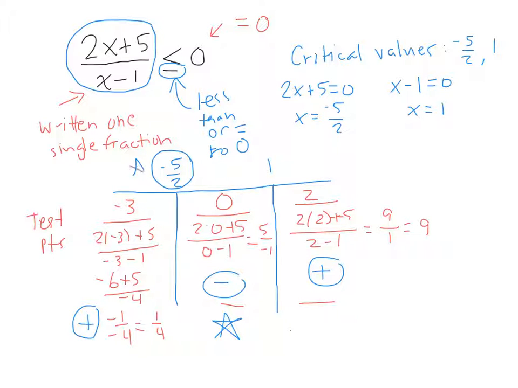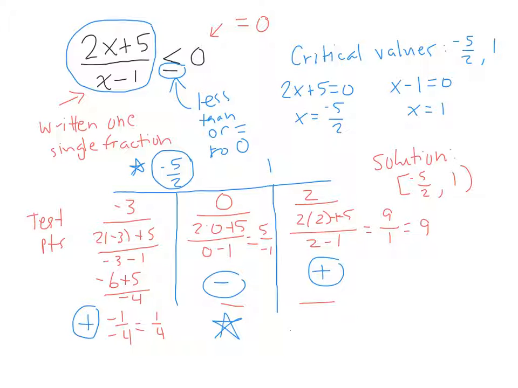So this particular point will work, and then all of the points between negative 5/2 and 1 will work as well. So for our final solution, we would write that we are going from bracket negative 5/2 up to 1, but not including 1.